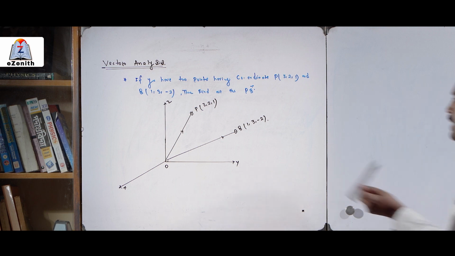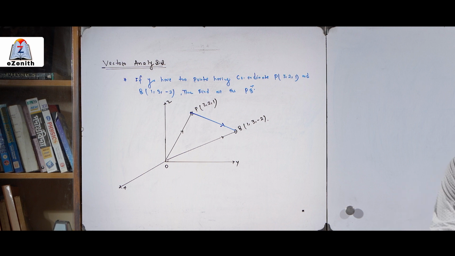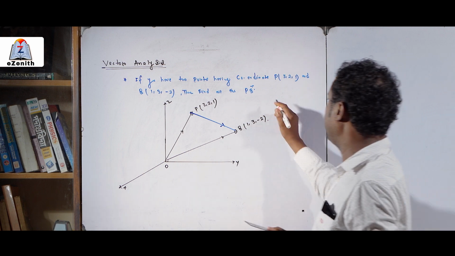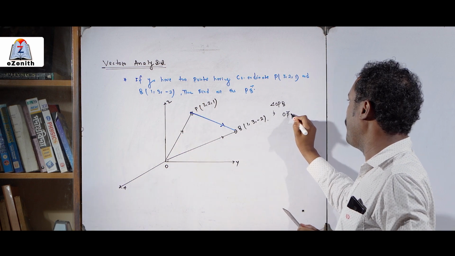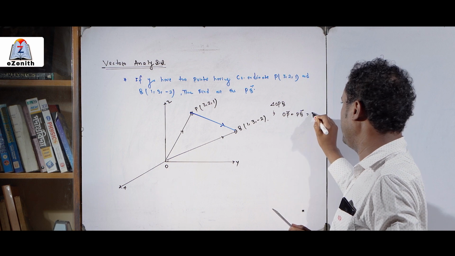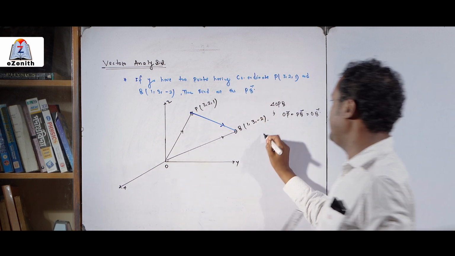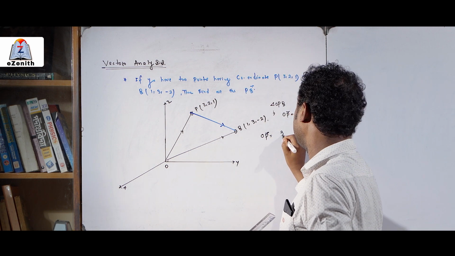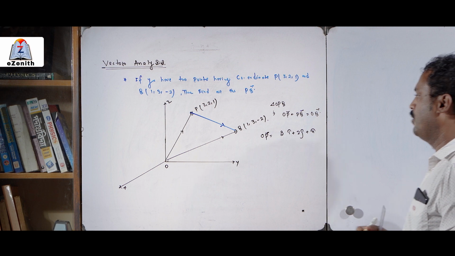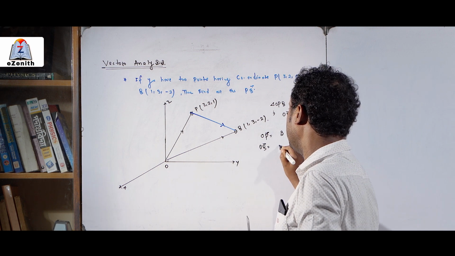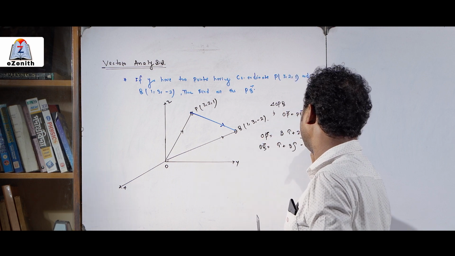Then what is the resultant? We can draw the line from P to Q. Now we have a triangle here. From triangle OPQ, we have OP vector plus PQ vector is equal to OQ vector, where OP is the fundamental vector, that is 3i plus 2j plus k, and OQ is another vector, that is i plus 3j minus 2k.